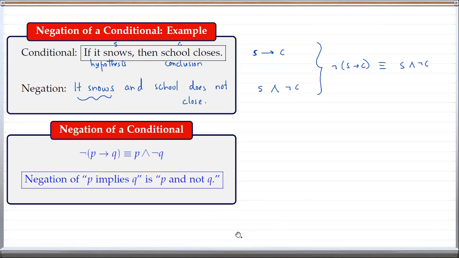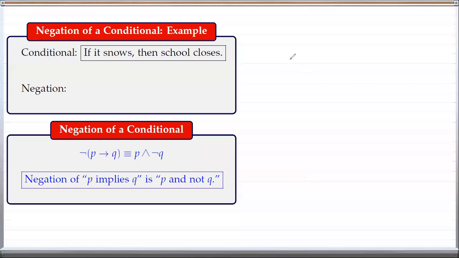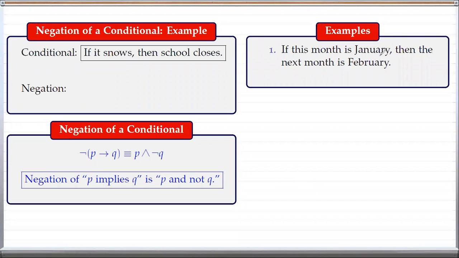Next, let's do some examples. Here we are given the conditional. If this month is January, then the next month is February. So in this case, we have J implies F. Now using this formula over here, the negation will be J and not F. And this we can write as J first.